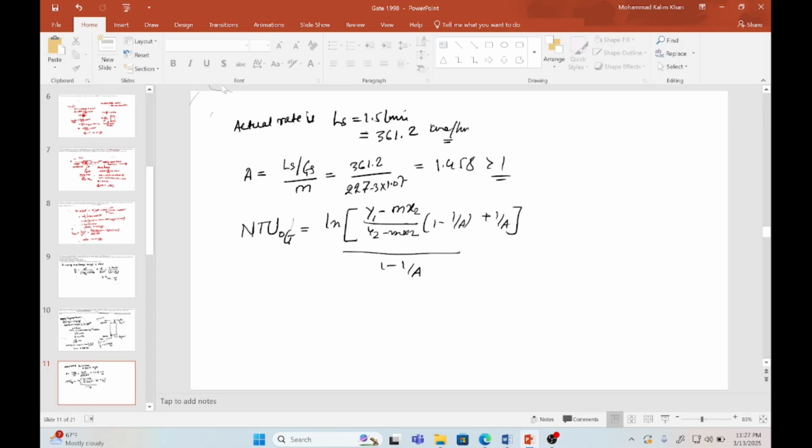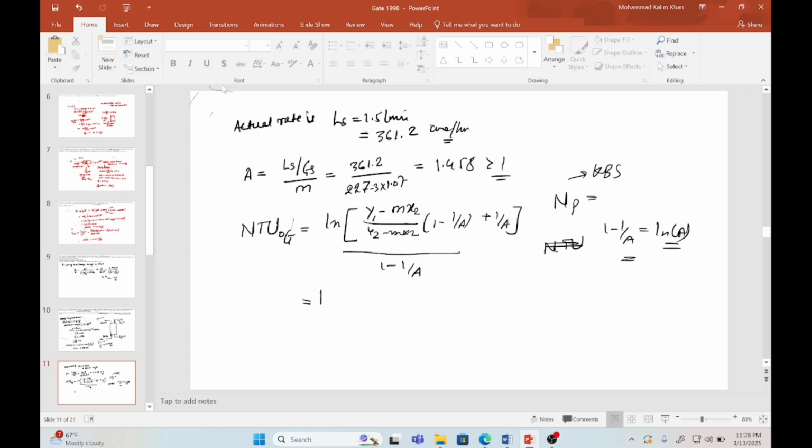Remember, if you calculate the number of plates using the Kremser formula, then this 1 by A will be replaced by ln A. So this is the overall change.